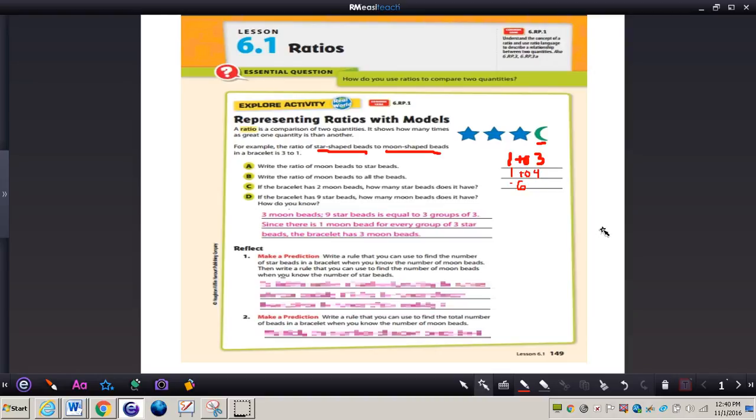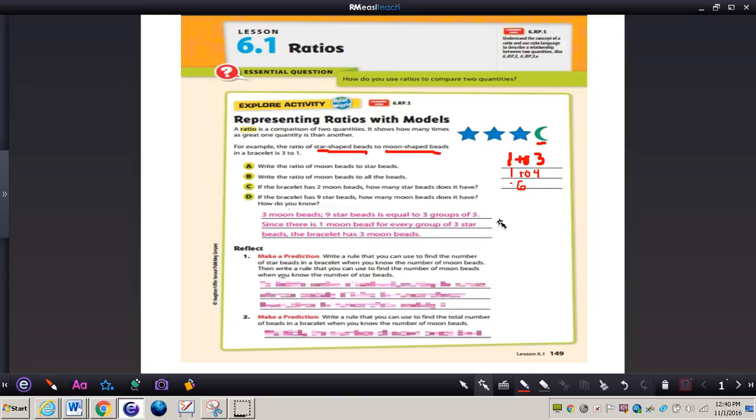Since there's 1 moon bead for every group of 3 star beads, the bracelet has 3 moon beads. So once again, 1 to 3 is the ratio. So 9 star beads, so there'd be a total of 9, so you would multiply that by 3, the star quantity, and then the moon quantity would be multiplied by 3 as well, so a total of 3.